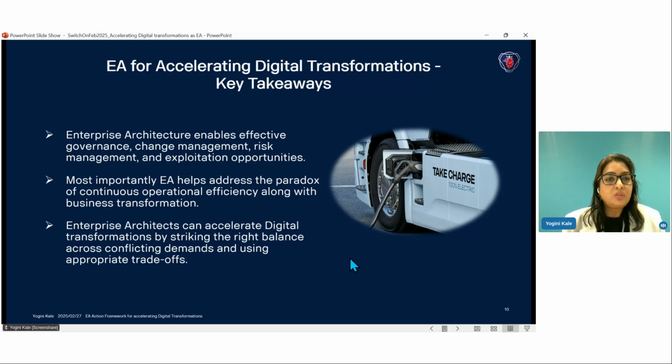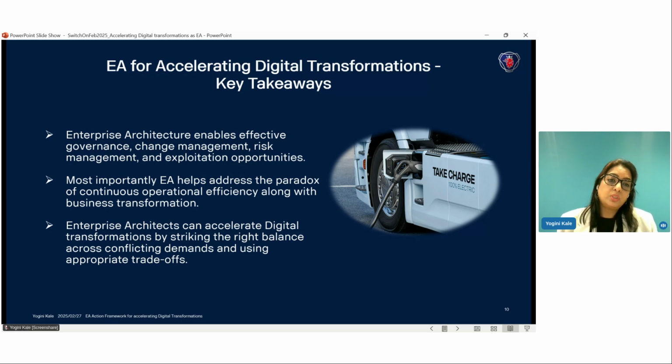So now, with just a minute left, I want to wrap up with some key takeaways for this session. From what we discussed, enterprise architecture enables effective governance, change management, risk management, and exploitation of opportunities across the organization. So it is a must-have for accelerating digital transformations.